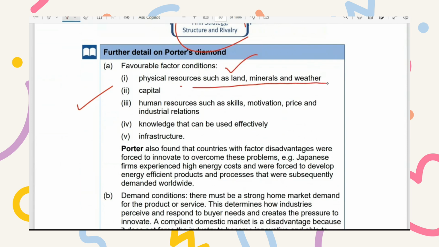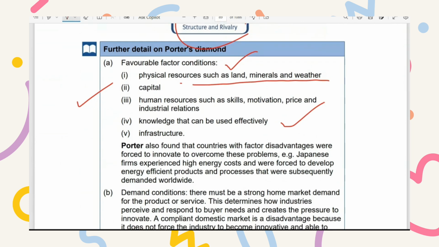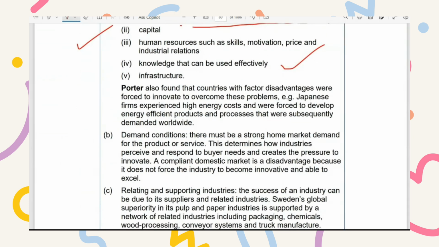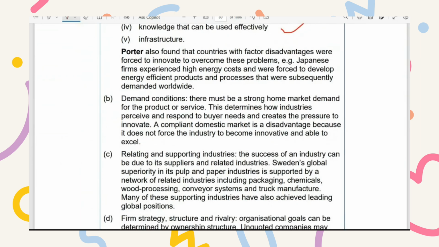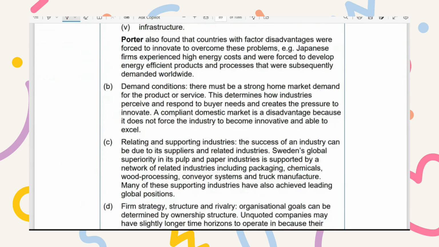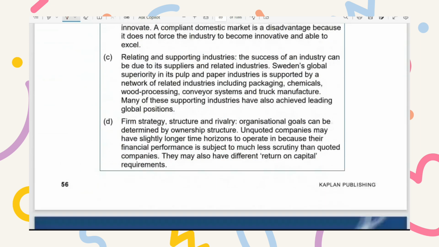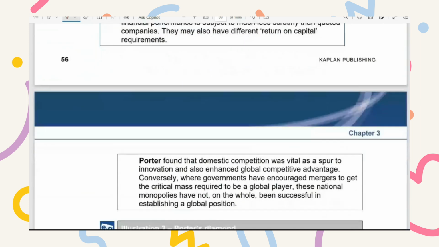Further detail on Porter's Diamond strategy: favorable factor conditions include physical resources such as land, minerals and weather, capital, human resources, knowledge that can be used effectively, and infrastructure, which is the most important thing. Infrastructure is a major contributor to the success of a business and a country. Porter has given some theory, so go through it a bit.